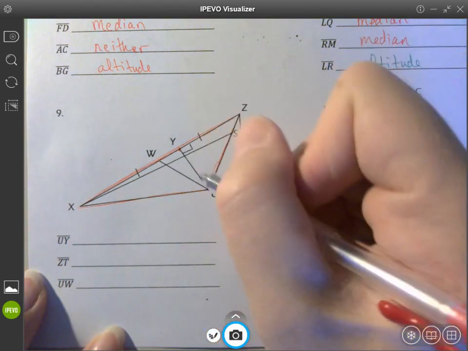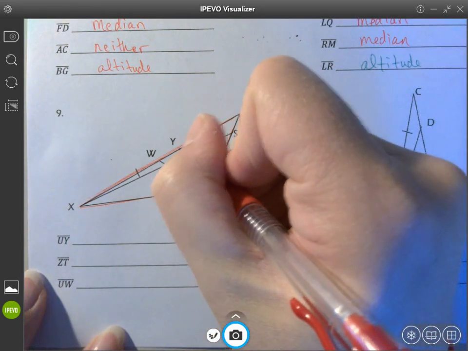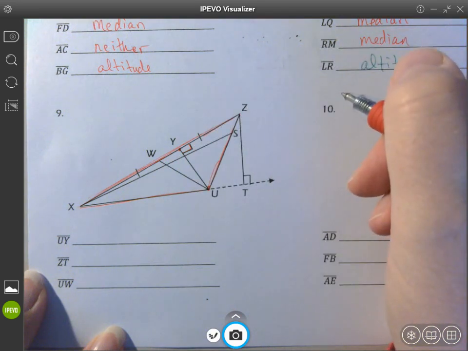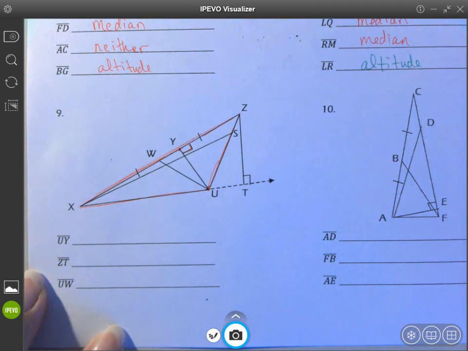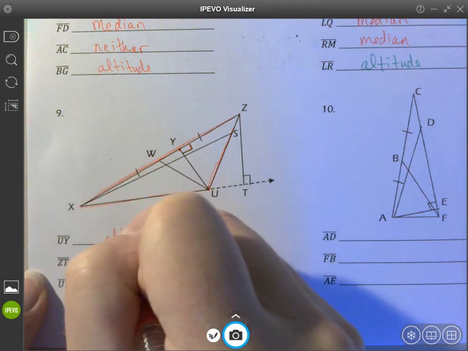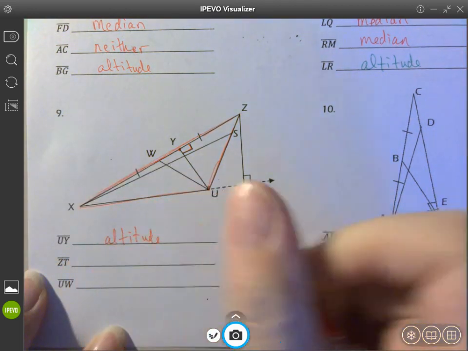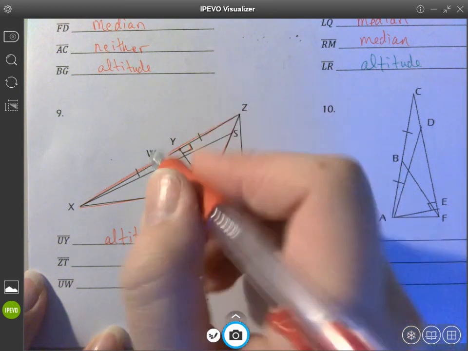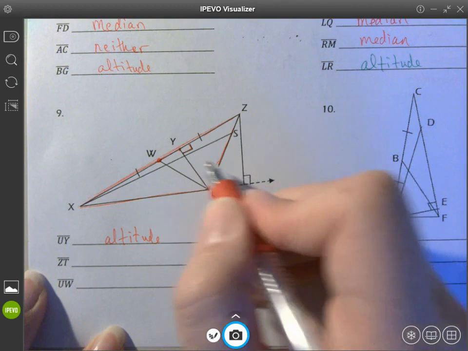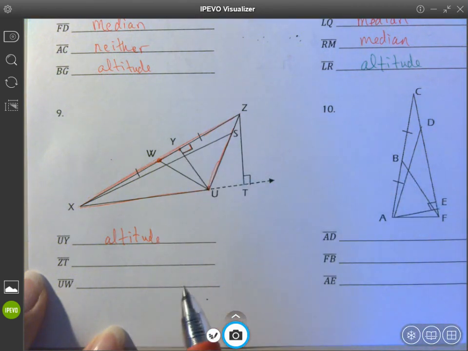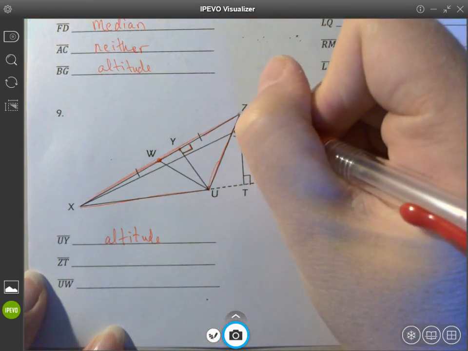So U to Y, there's a 90-degree mark there, and so that is perpendicular, and that creates an altitude. Some of you might be looking at that thinking, oh, wait a minute, these tick marks are here. That's for the point W. So this segment and this segment are congruent. This is 90 degrees.